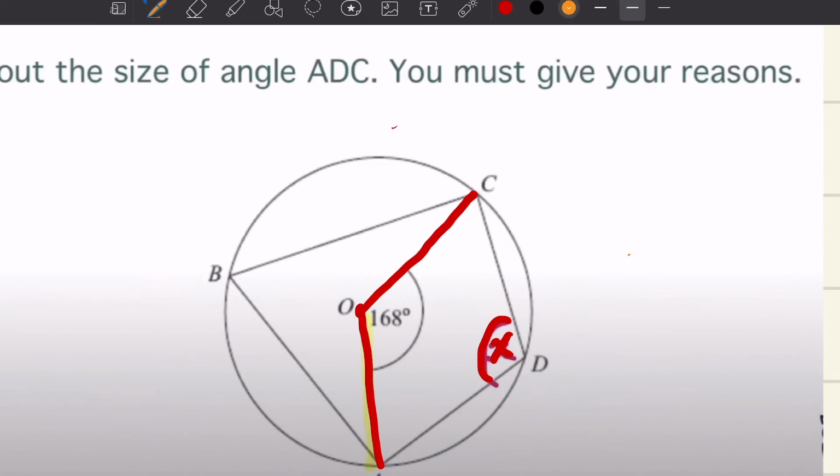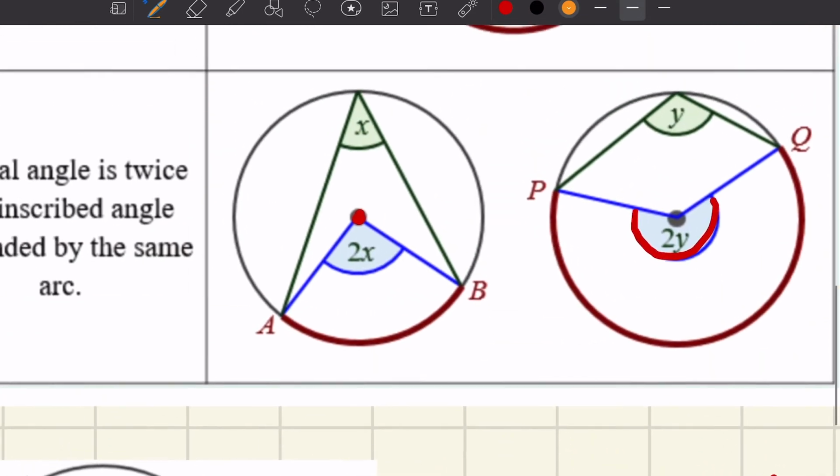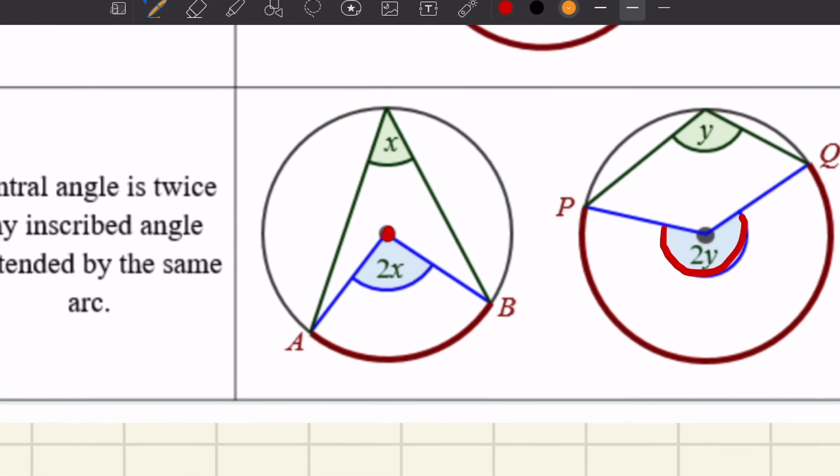And angle ABC, if you notice, is an inscribed angle because the vertex of angle ABC is on the circumference of the circle.